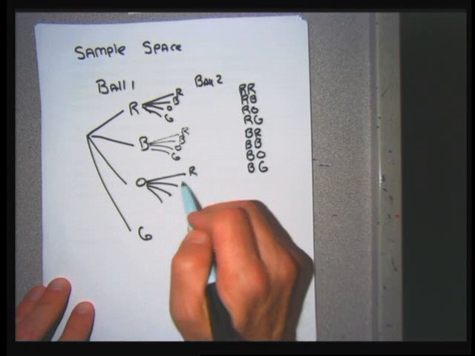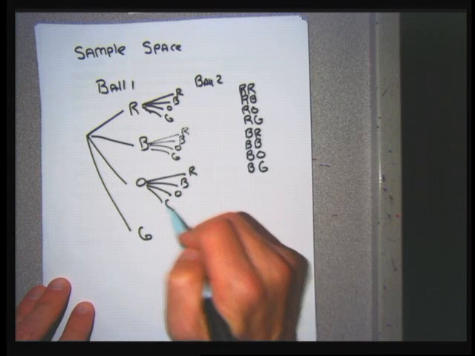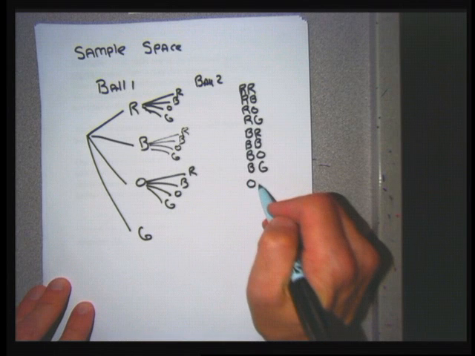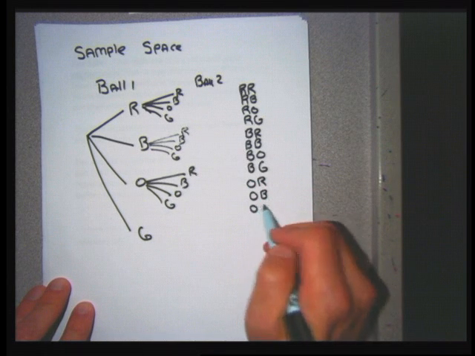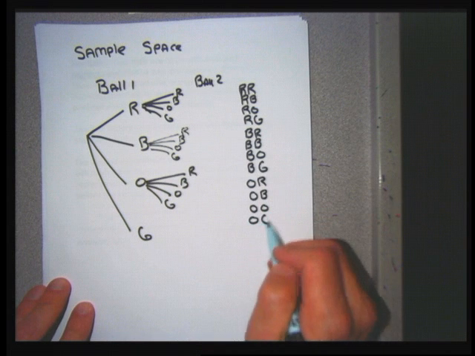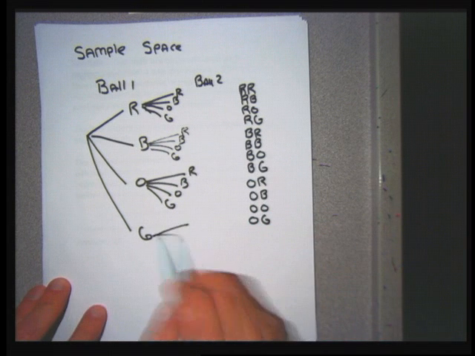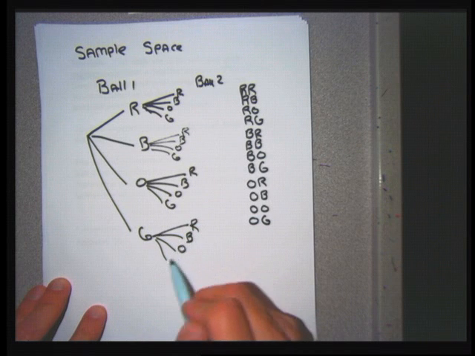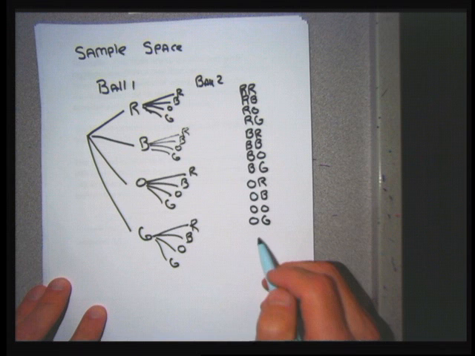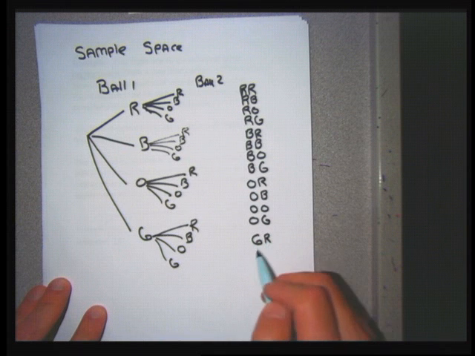So red, blue, orange, green. So orange first, red second, orange first, blue second, orange first, orange second, orange first, green second. And then the same from the green. Again, the difference between this problem and the last problem is you can get the same color twice because it's with replacement. I'm placing the ball back in.